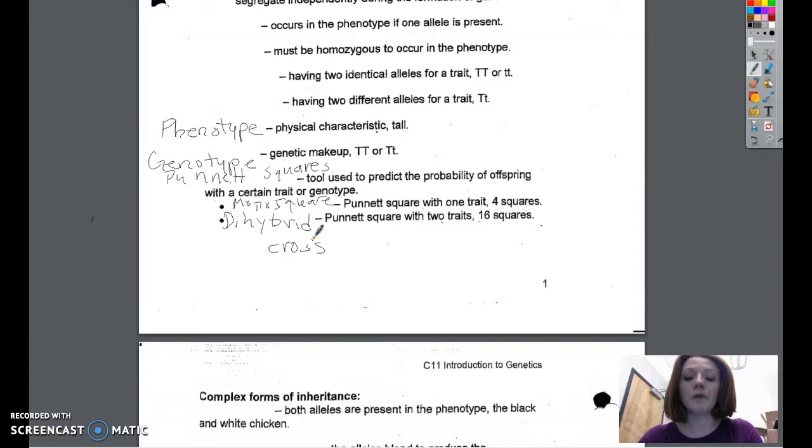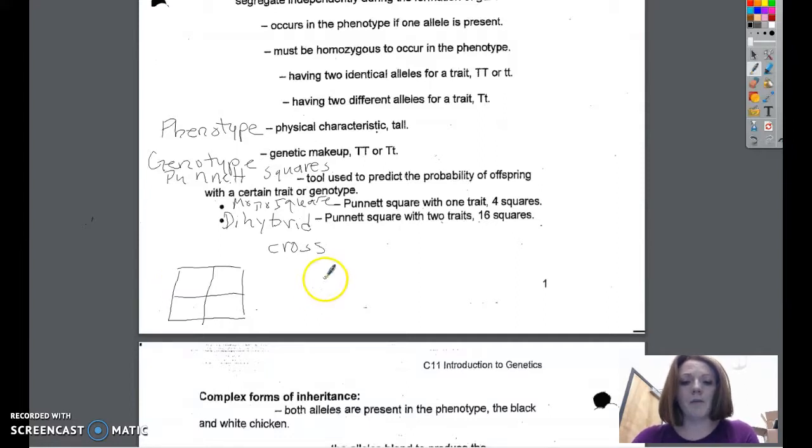Okay. So what does that look like? So when you have a Punnett square with one trait, I do mine like this. Miss Kennedy, who did your blood typing, did it like this. Kind of the exact same thing, but it's kind of weird.